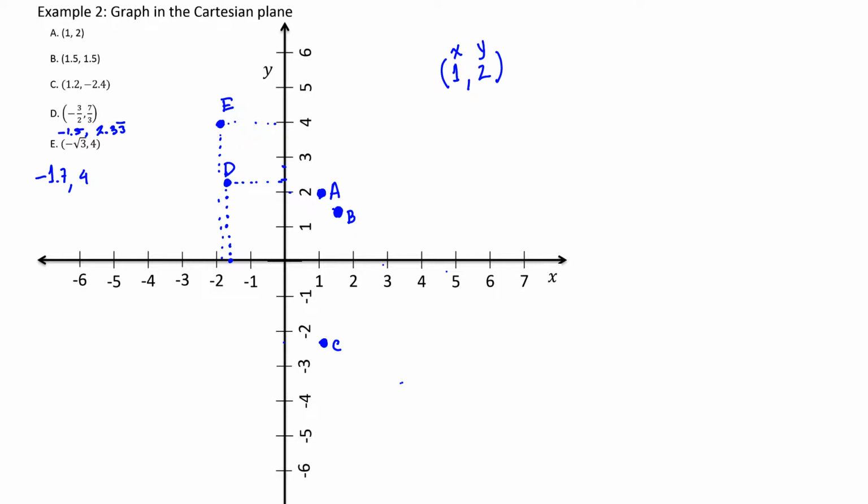Now it needs to make sense. You cannot have 1.5 be somewhere right here. But our purpose is still technically the same. We're trying to, as best as we can, with the tools that we have, graph the points. And that's what you're going to do on the homework.